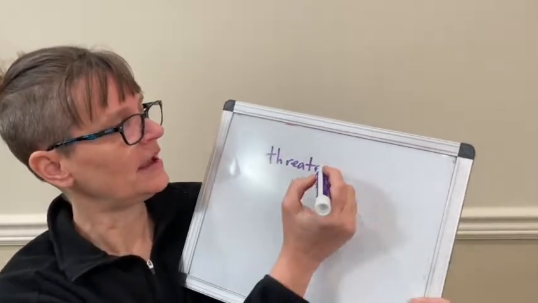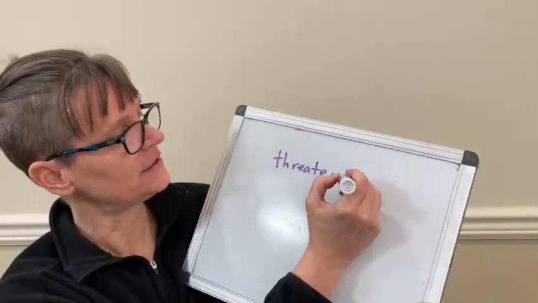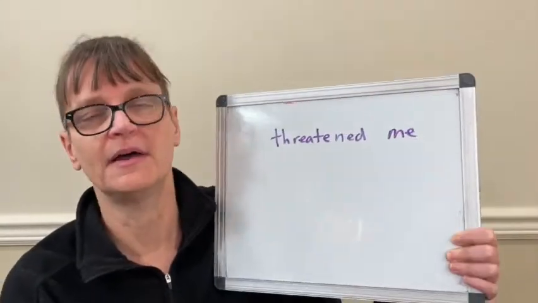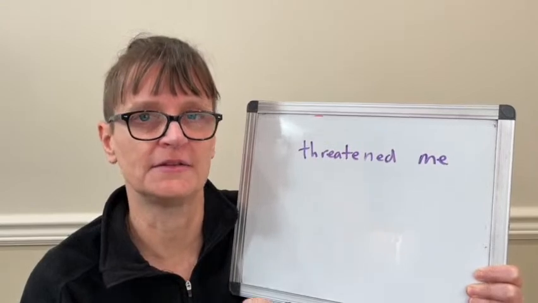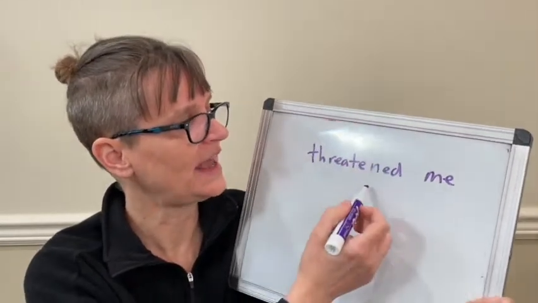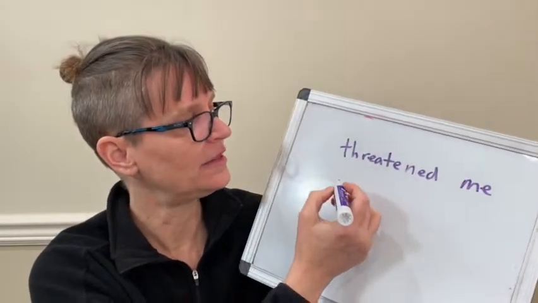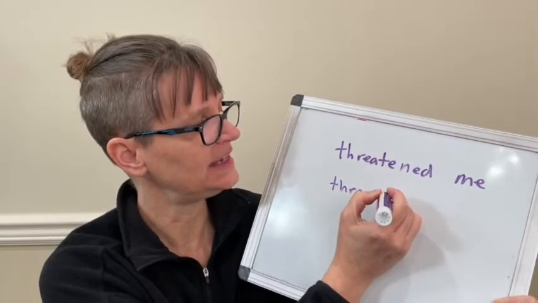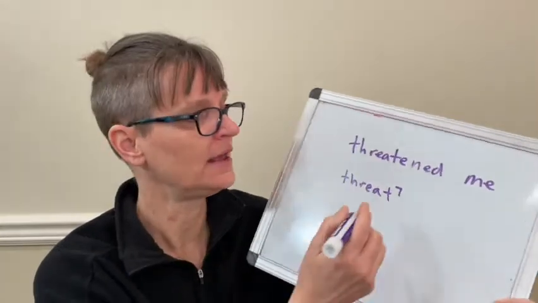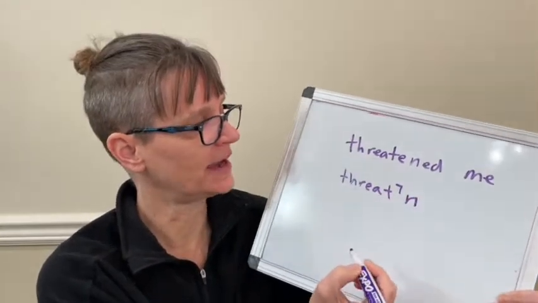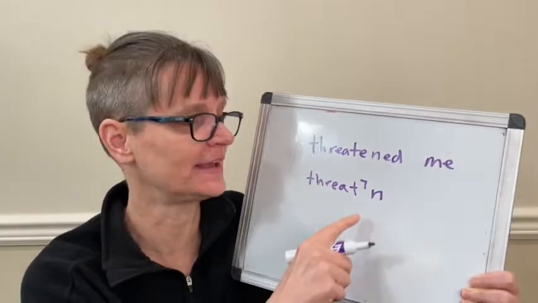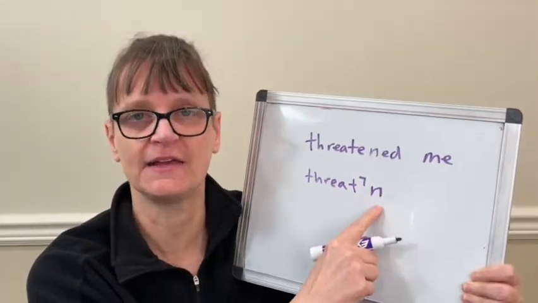So if I'm saying the word by itself, threatened, what's going to happen is that we have here for the T, a stop T, threaten. So just like at the beginning we were talking about written, threaten does the same thing. It has a stop T and then a syllabic N.